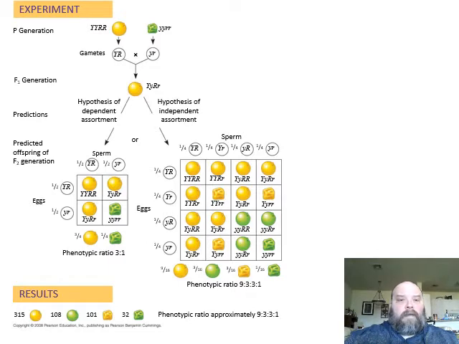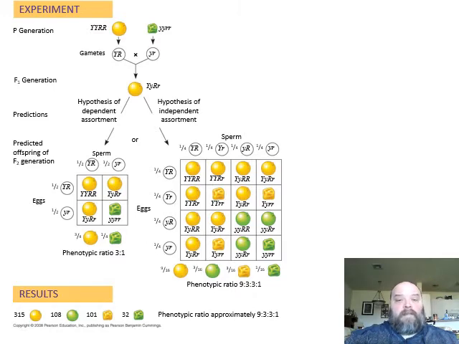Notice there's a big difference when it comes to the Punnett squares. If you're following only one thing, a monohybrid, it's a 2x2, because there's only two possible outcomes for the gametes.